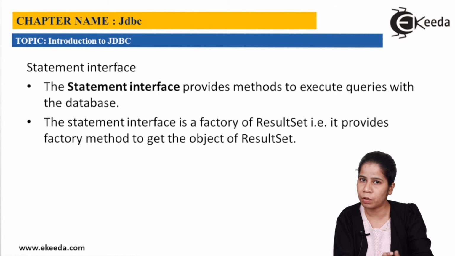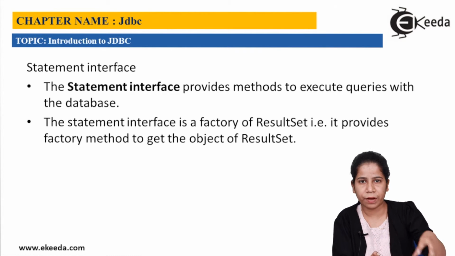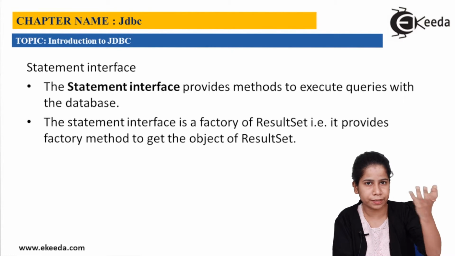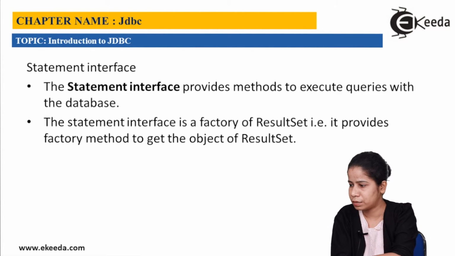Basically, what is the outcome of a statement? It is always a ResultSet. After firing a particular query, you definitely get some kind of result or notification, and that is the outcome or return type. So it provides a factory method to get an object of ResultSet.